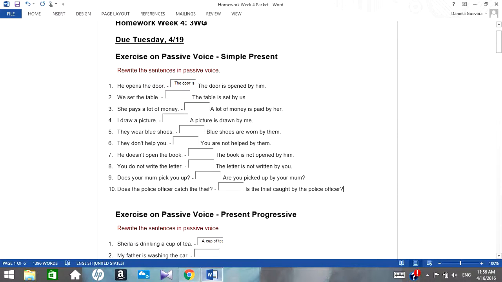So this is my object. That means it's going to be the first thing I mention in my new passive sentence, or passive question actually. Is the thief caught by the police officer. So the only thing that you have to watch out for is that the be form of the verb and the past participle are in different positions.